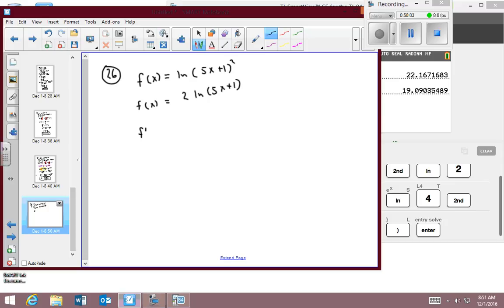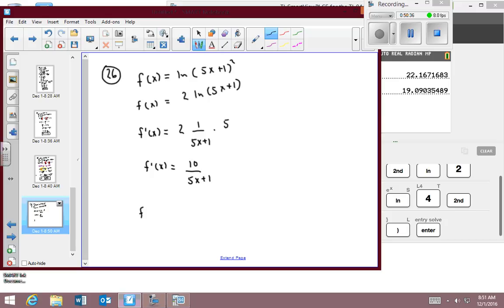When you do the derivative, it's 2, and then the derivative of ln of 5x plus 1 is 1 over the argument, times the derivative of the argument, that's 5. So, first derivative equals 10 over 5x plus 1.